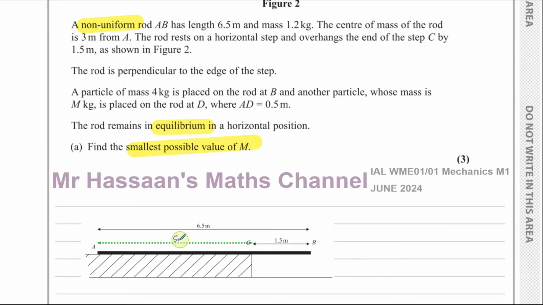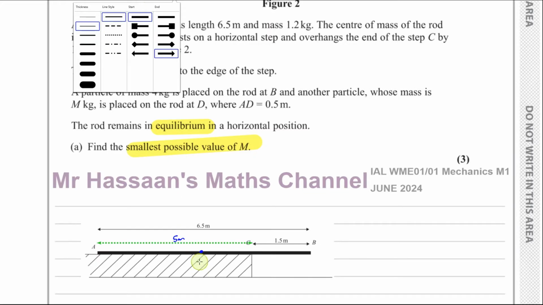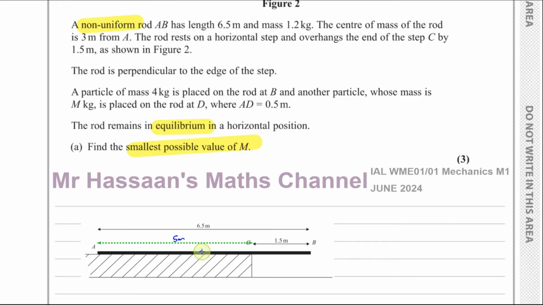The center of mass of the rod is 3 meters from A, so 3 meters along here, about here. You don't have to measure the length, but that is going to be the center of mass.